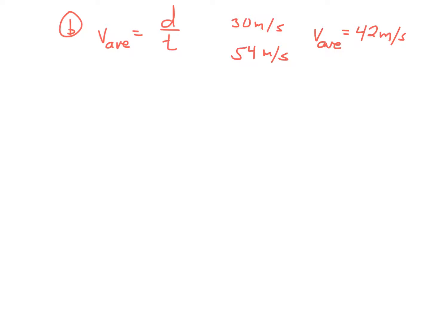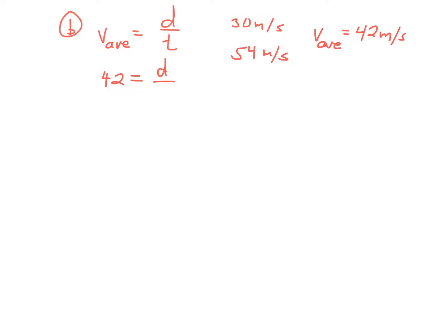The car didn't stay at any particular speed, it sped up. It averaged 42 meters per second. So we can just plug that into v average, 42. This is really the only way we have right now to figure out the distance for an object that did not start from rest. You have to do it this way. The distance will be unknown. And what was the time? 7 seconds.